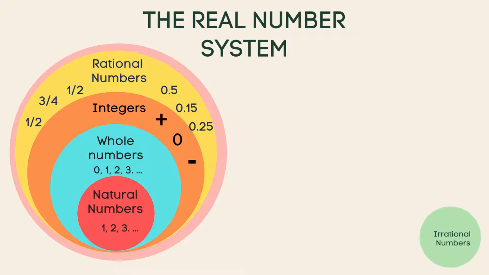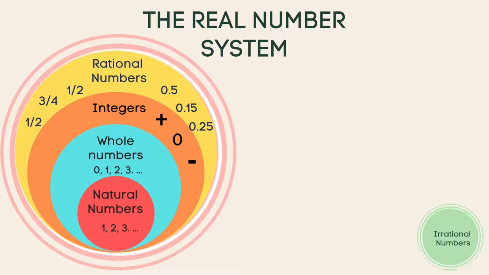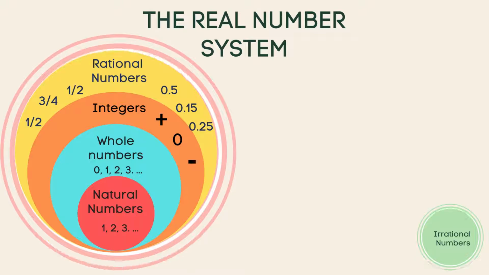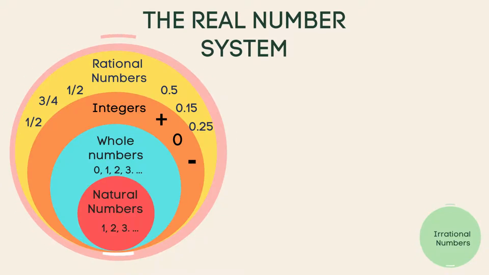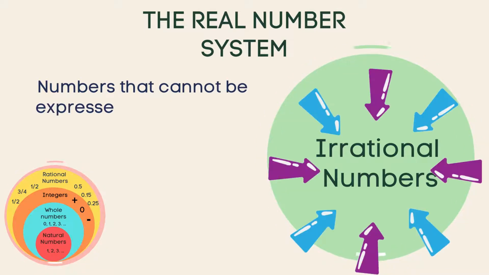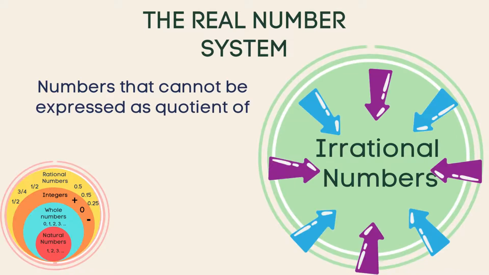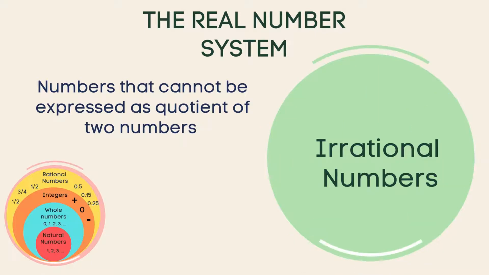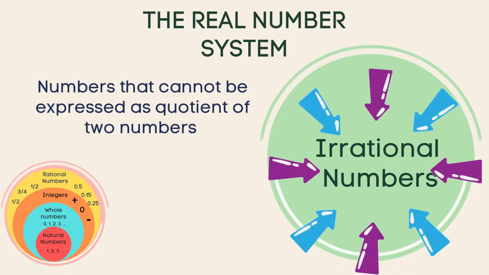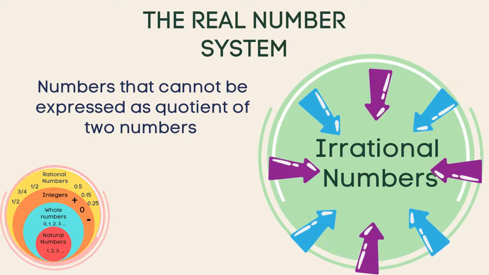Ma'am, how about irrational numbers? So, what do you think is the difference of rational and irrational numbers? Okay, let's check if you are correct. Irrational numbers are numbers that cannot be expressed as a quotient of two numbers. So, irrational numbers are the opposite of rational numbers.